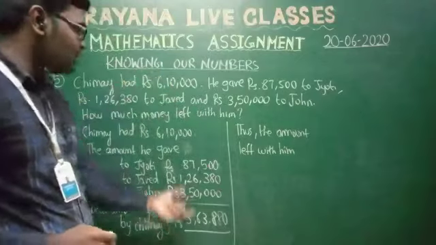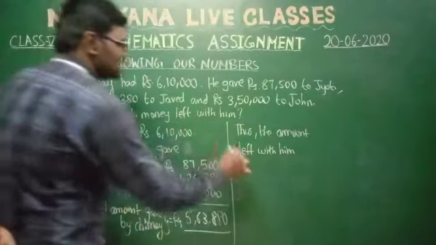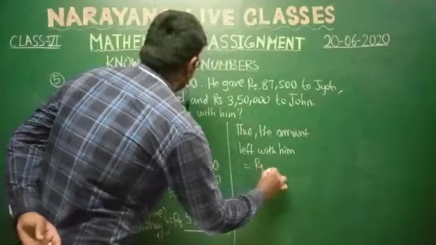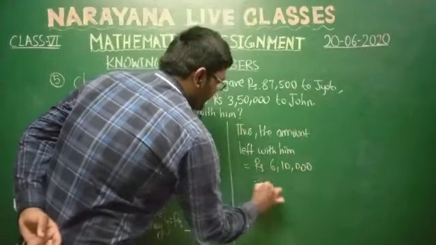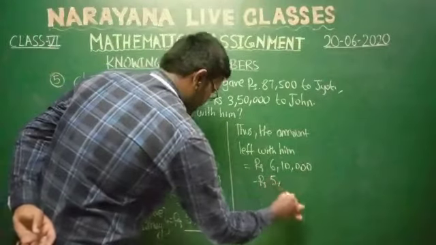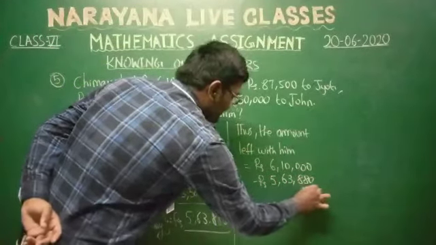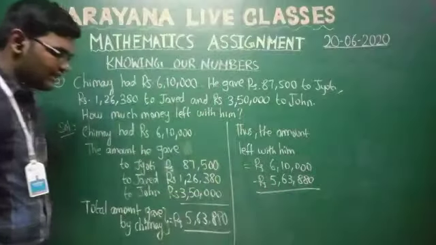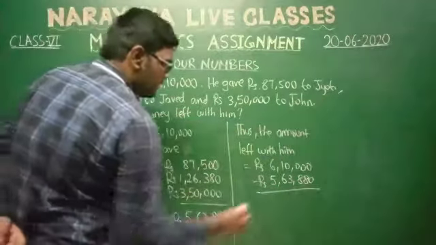How much amount will be left with him? The actual amount minus the total amount he has given is the answer. So you write rupees 6,10,000 minus rupees 5,63,880, how much he spent. So what we have to do? We have to subtract. If you subtract, what will you get?